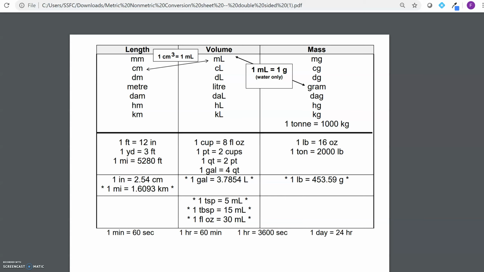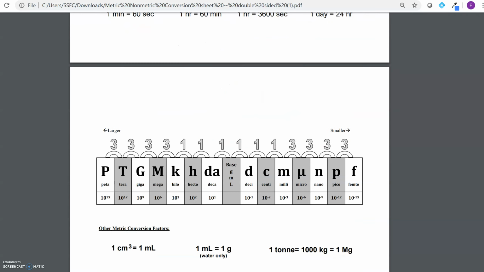It has all of our conversion factors between our metric and non-metric units and between our non-metric units. But up at the top, there's also a quick summary of the relative size between the units between millimeters and kilometers, or milliliters and kiloliters, and then milligrams and kilograms. There's an extended chart for the metric system on the second page, and so that can be useful.